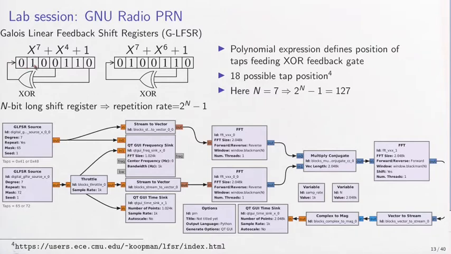So this 0 will be moving over here, this 1 will be moving over here, this 0 will drop into the vacuum, and at each new clock cycle the shift register will shift its content. A new bit will enter the shift register, and this new bit is the XOR, the exclusive OR, between two taps. These taps are the feed positions of these two shift register positions over here.